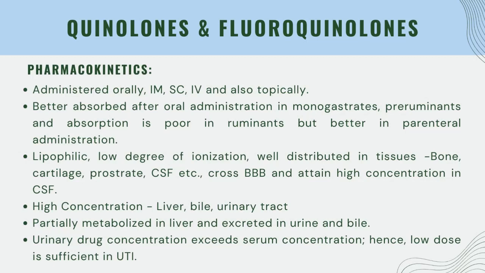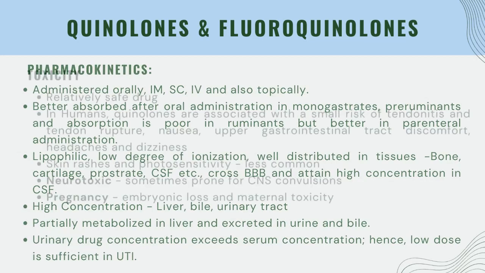Lipophilic, low degree of ionization, well distributed in tissues, bone, cartilage, prostate, CSF, and can cross the BBB and attain high concentration in CSF. High concentration in liver, bile, urinary tract, partially metabolized in liver and excreted in urine and bile. Urinary drug concentration exceeds serum concentration, hence low dose is sufficient in UTI.